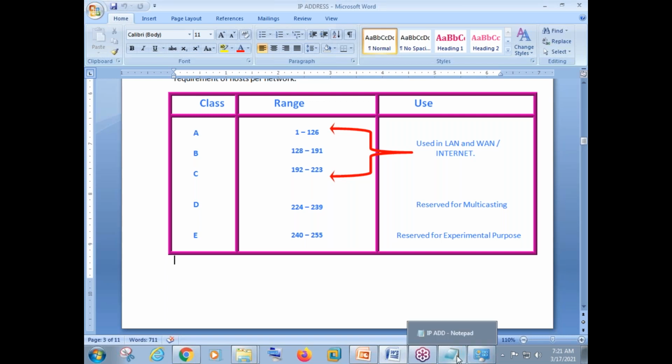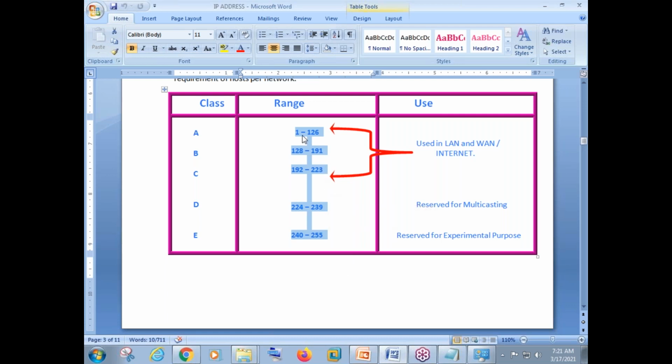Now one of the big interview questions here is, on what basis, on what logic have they divided these numbers? Because the numbers are not easy. Class A is 1 to 126, class B is 128 to 191, class C is like this, then class D, class E. It would be easier if it were like 1 to 50, 50 to 100, 101 to 150, if they had taken easy numbers.